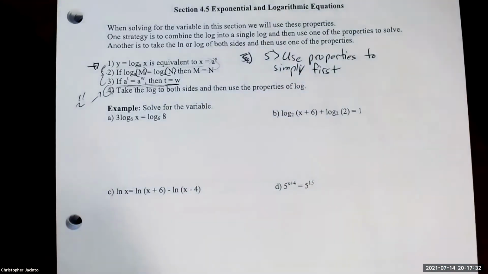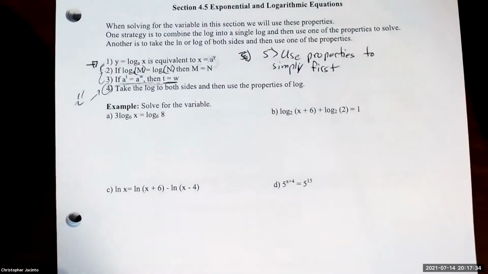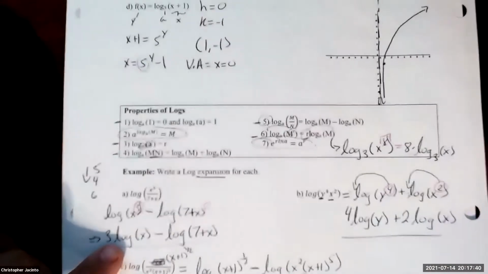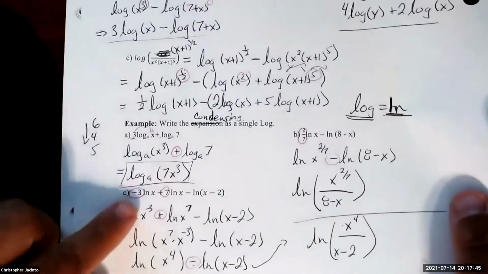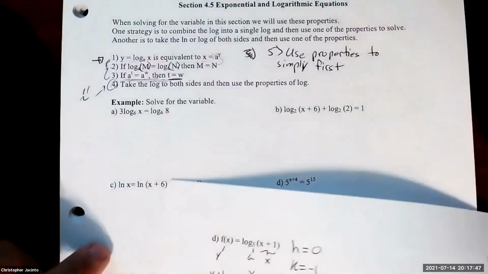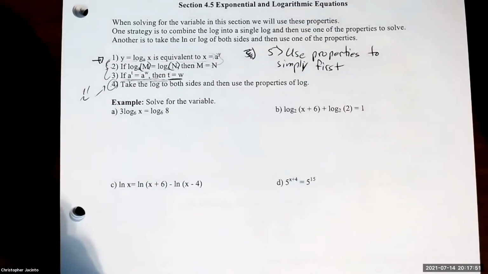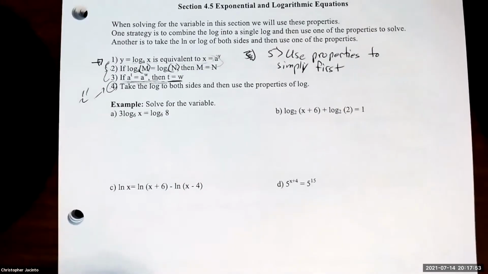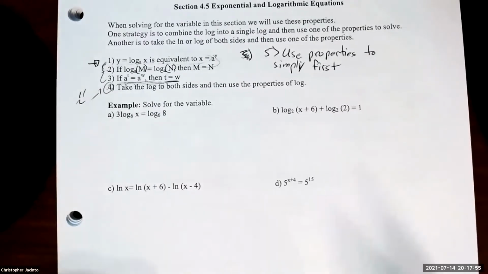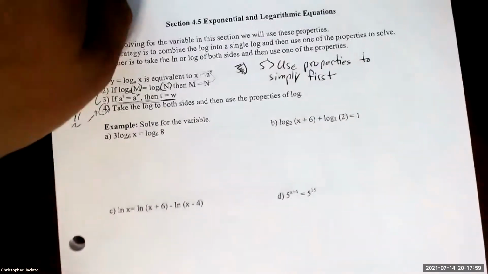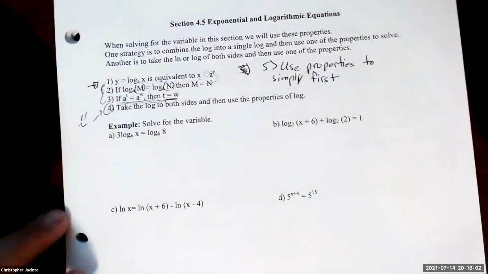What I mean by that is sometimes before you can do rule 1, 2, or 3, or even 4 sometimes, you may need to do these ones, either expand it or compress it, before you can use any of these rules, okay? And actually, B and C are a good explanation of how to do that once we get there, okay? All right, so it's a lot of talking, so a lot of scenarios of how we put these to play. So let's just look at the first example, okay?